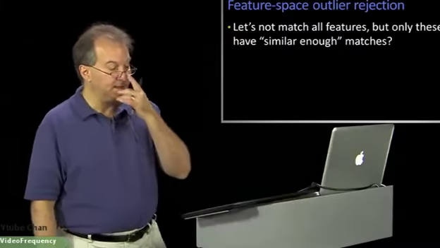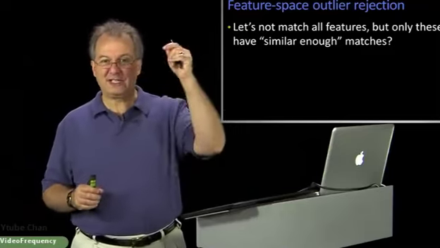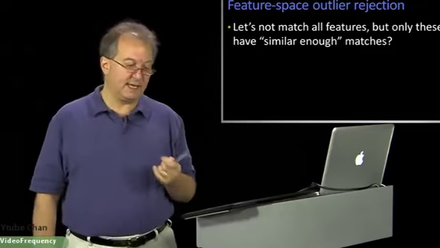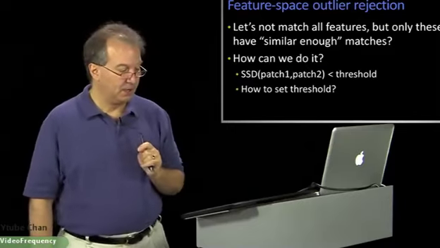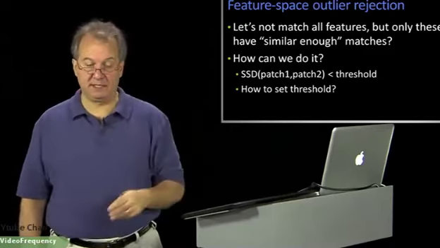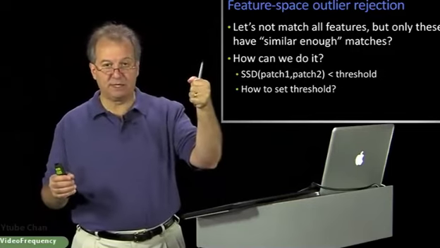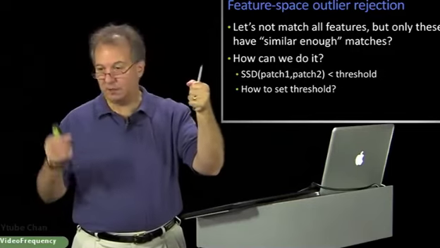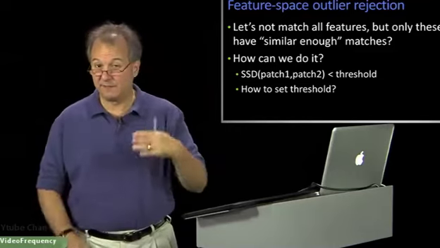And here's the idea. We're not going to match everything. We're only going to match the ones that have good enough matching. All right? So how do we do that? Well, here would be a simple idea. You find the best match, and you take the correlation, a little patch from here, a little patch from there, and you compute the SSD, sum of squared differences.